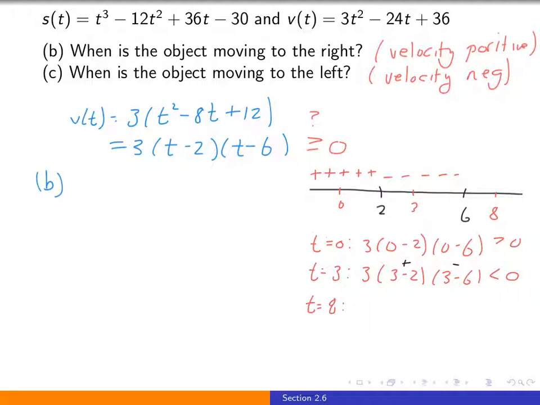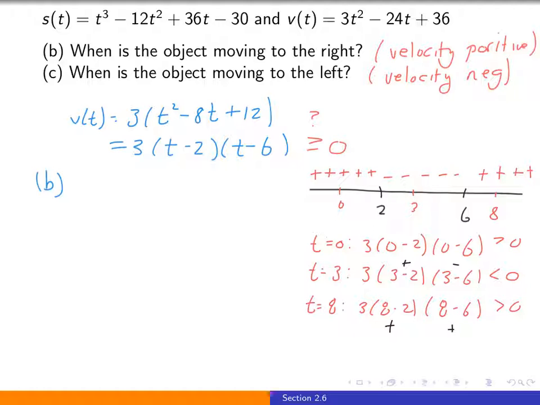After 6, we will check the point 8. So if t is 8, we have 3 times 8 minus 2 times 8 minus 6. 8 minus 2 is positive. 8 minus 6 is positive. A positive times a positive is positive. And we've now done the hard work.